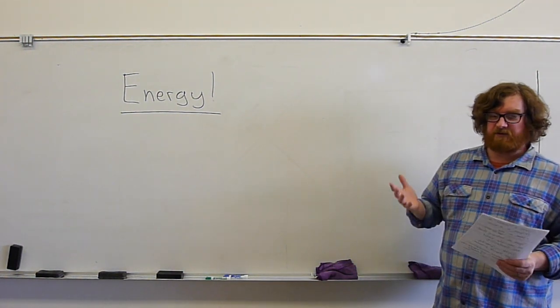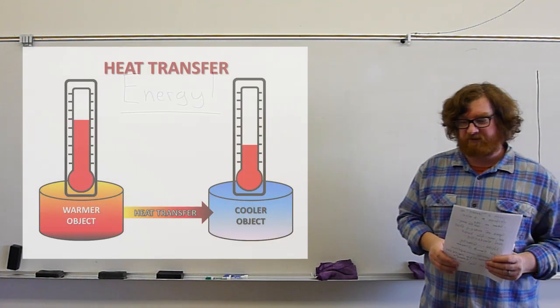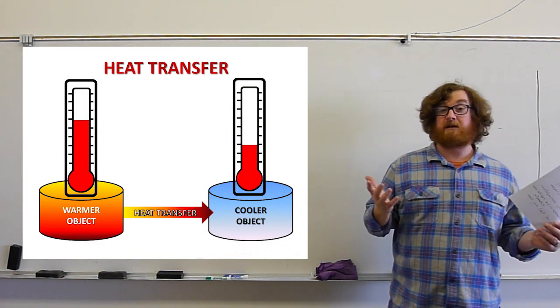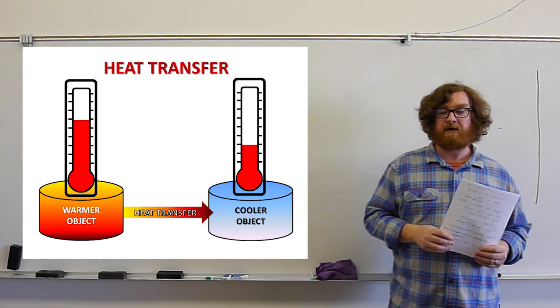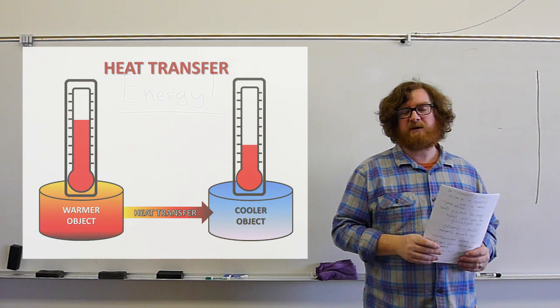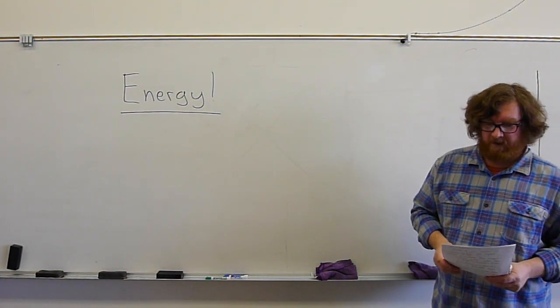Thermal energy, right? So you can see heat transfer. There's a couple of different ways that we can derive energy from heat transfer, particularly with geothermal, right? So we'll talk about that sometime down the road, maybe 3 or 4 weeks.